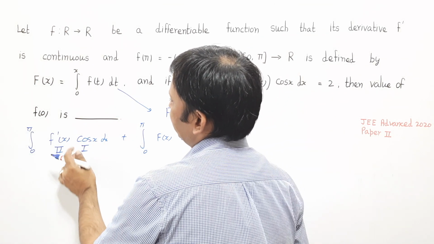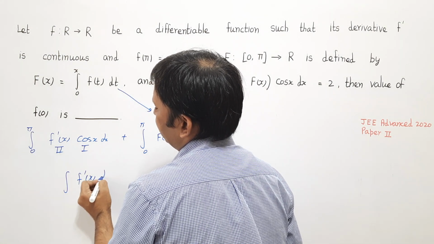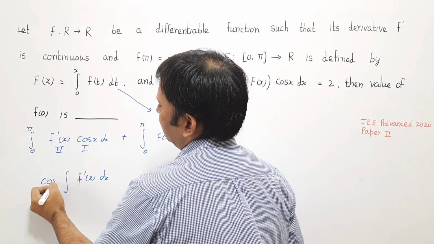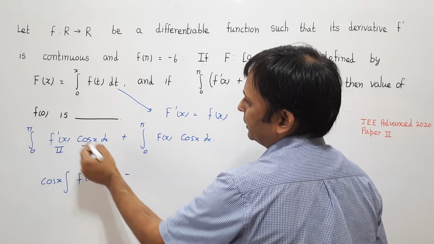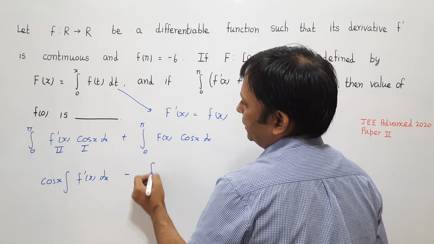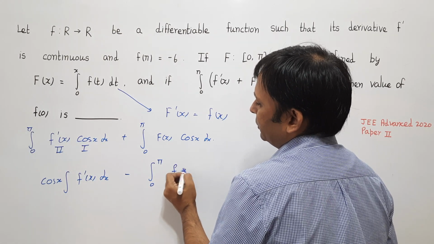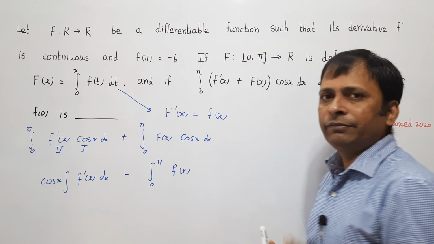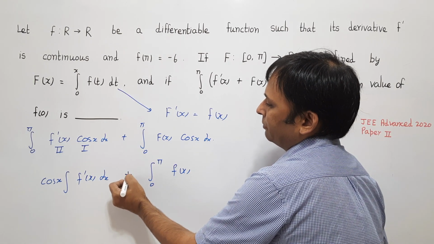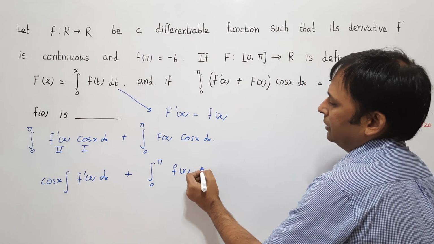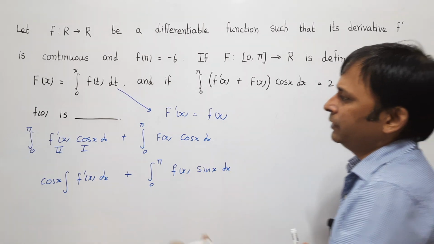Using integration by parts, first we integrate f dash x, multiplied by cos of x written outside the integral, minus the integral from 0 to pi of fx multiplied by the derivative of cos of x, which is minus sin x. There is one minus already here, so minus minus becomes plus sin of x. So I have completed this part.